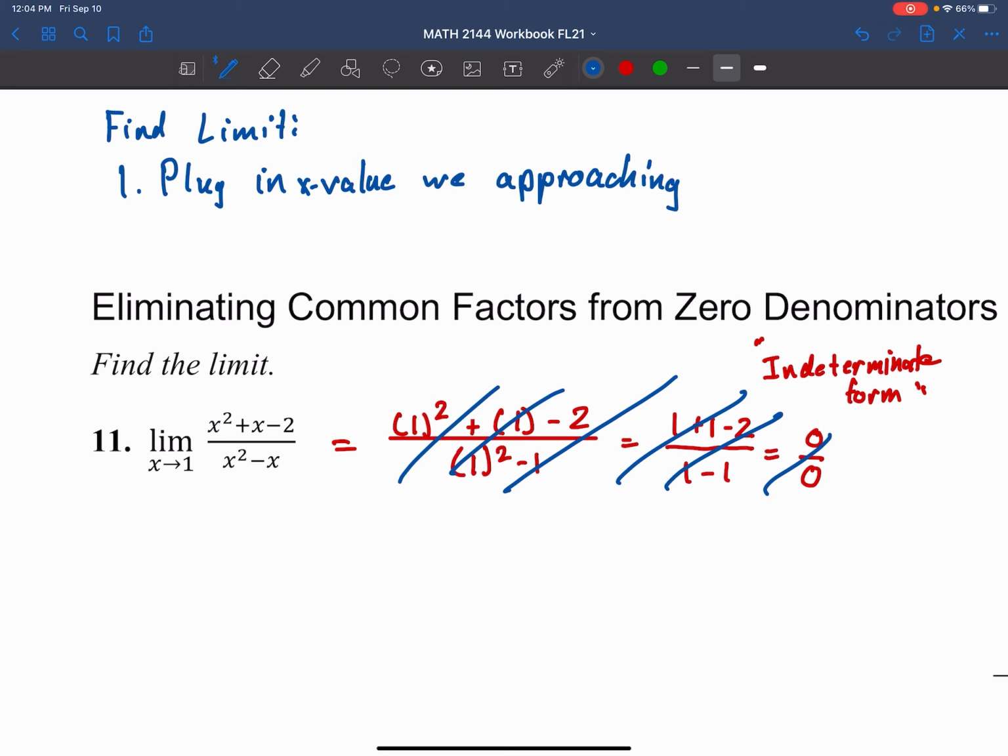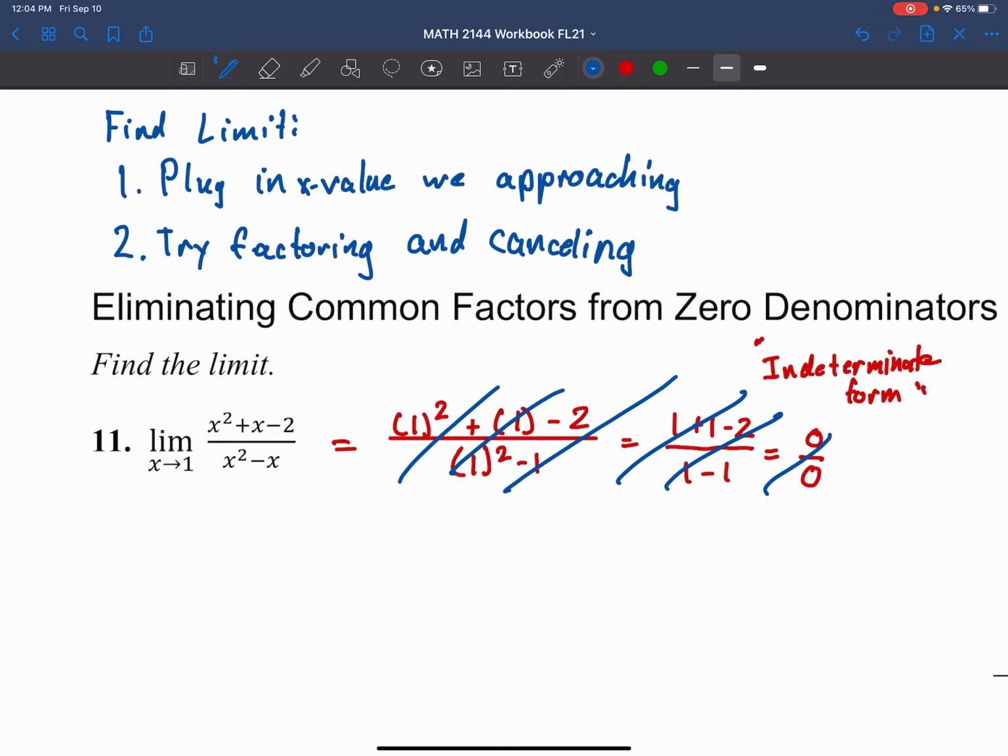So what we can go ahead and do, step 2, is try factoring and canceling. Does canceling have 1 or 2 L's? Sounds right.